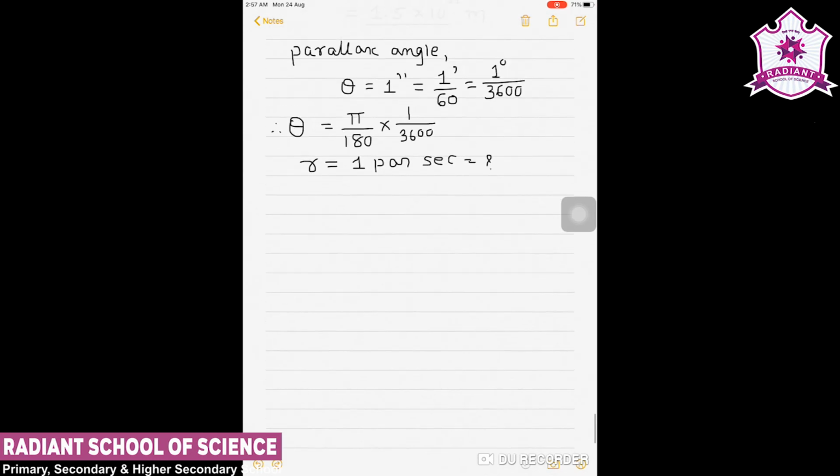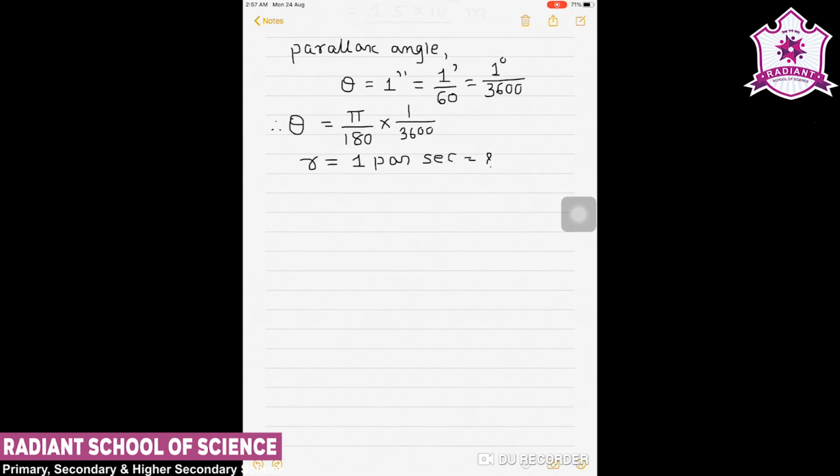Here I draw the distance that is given. Suppose these are two stars, here they form an angle with the given point of observation.